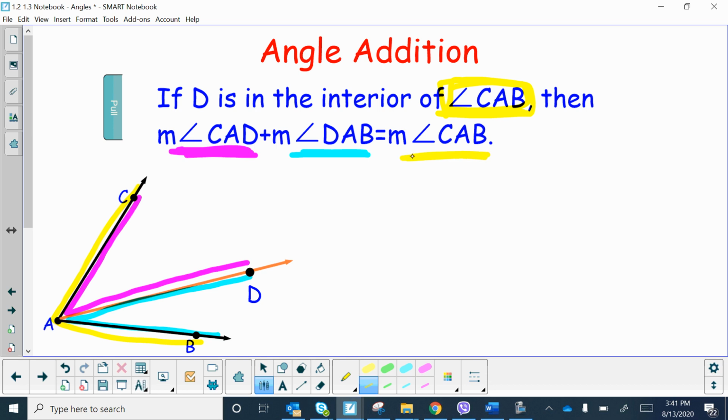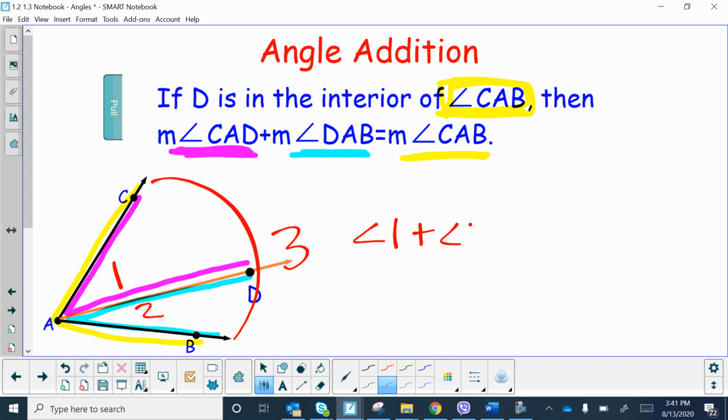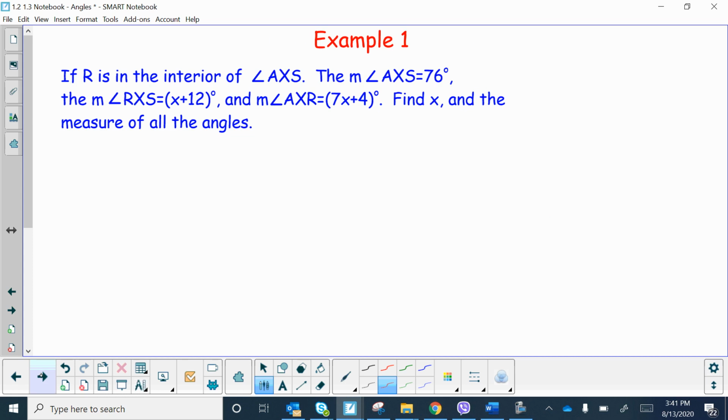So the measure of those angles. Let's put a little bit of numbers to it. If this is angle 1 and angle 2, and the big angle is angle 3, angle 1 plus angle 2 is equal to angle 3. Okay, so we're going to do some examples with this.